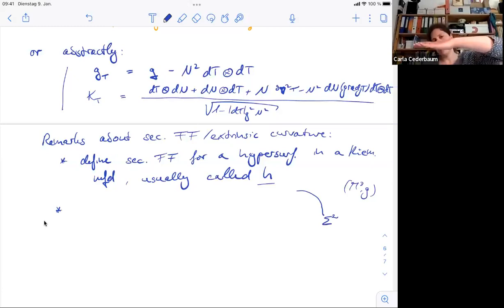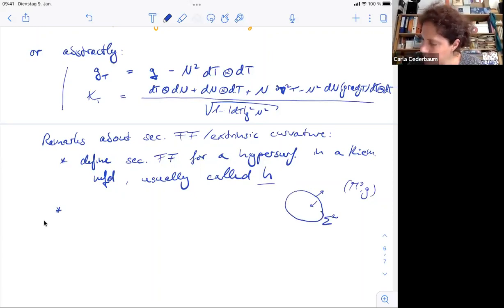I said in the spacetime context, we always pick the future normal, but here, none of these normals is better than the other. So if the surface is closed, like this, somehow, then I will always use the outer normal, and I will denote this normal by nu. But if the surface is not closed, there's no preferred notion of normal.